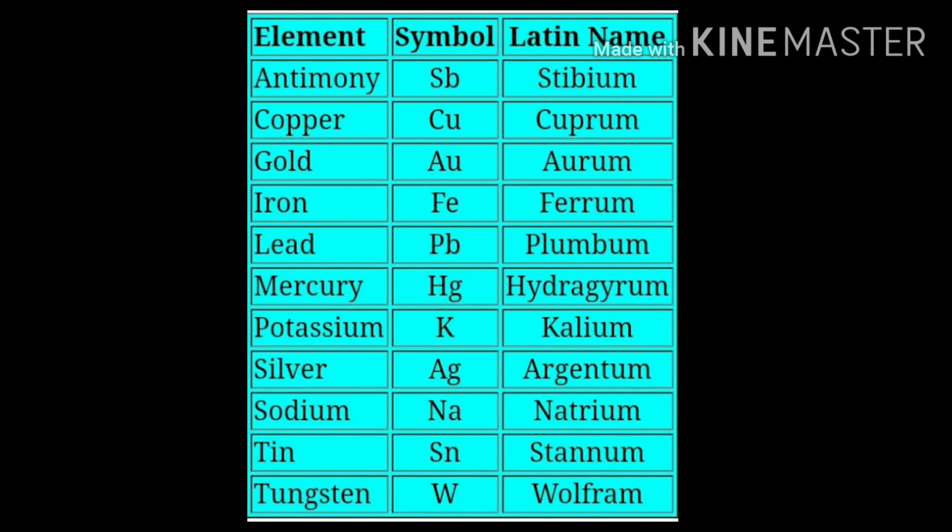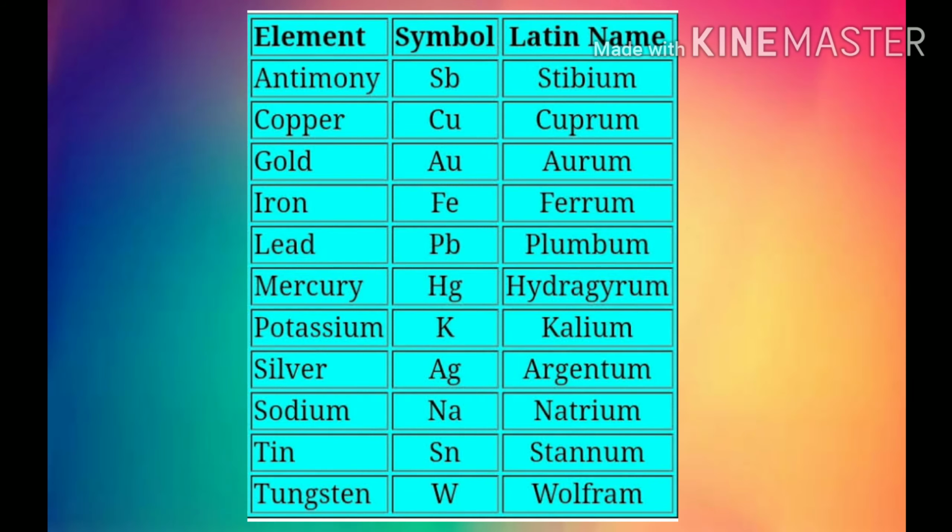And iron, the Latin name is ferrum, so the formula is Fe. Like that, potassium, the Latin name is kalium, so the formula is K. And lead, the Latin name is plumbum, so the formula is Pb. So what do you find? Some elements have symbols written from their Latin names.